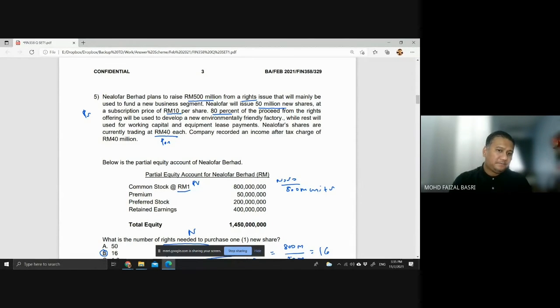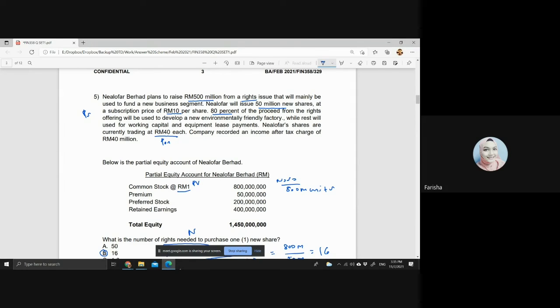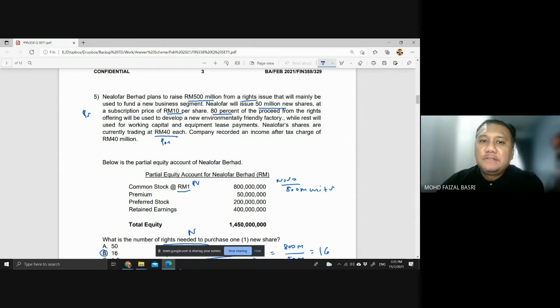The PS minus the par value of the share? Because as you all know, they want to raise 500 million here.